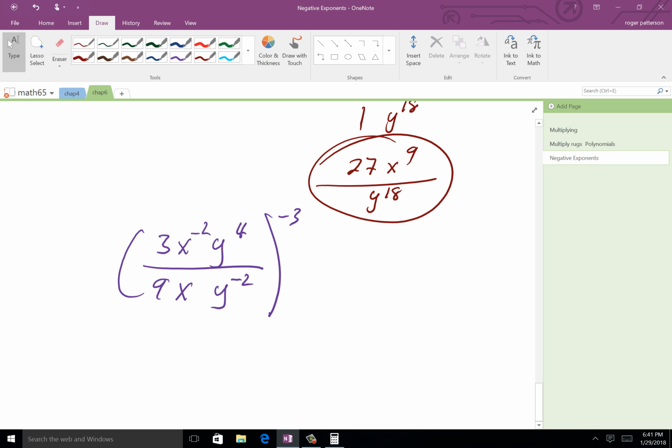All right, simplify everything that I got inside the parentheses, then I'll deal with the negatives. So I have 1/3.